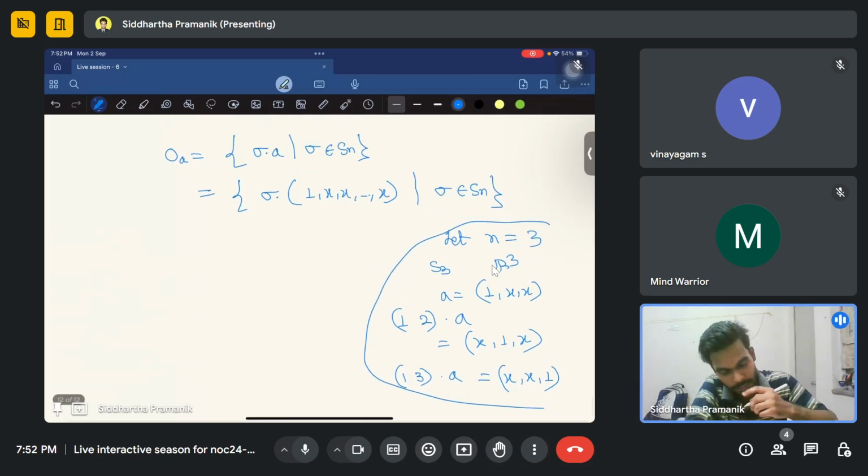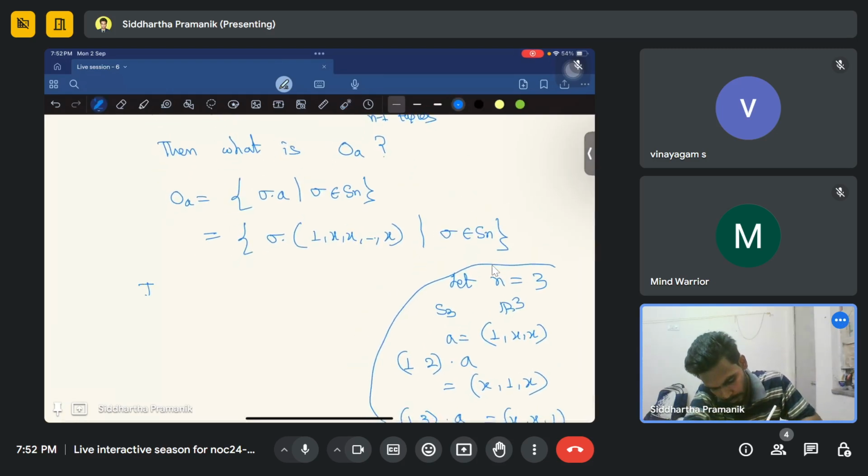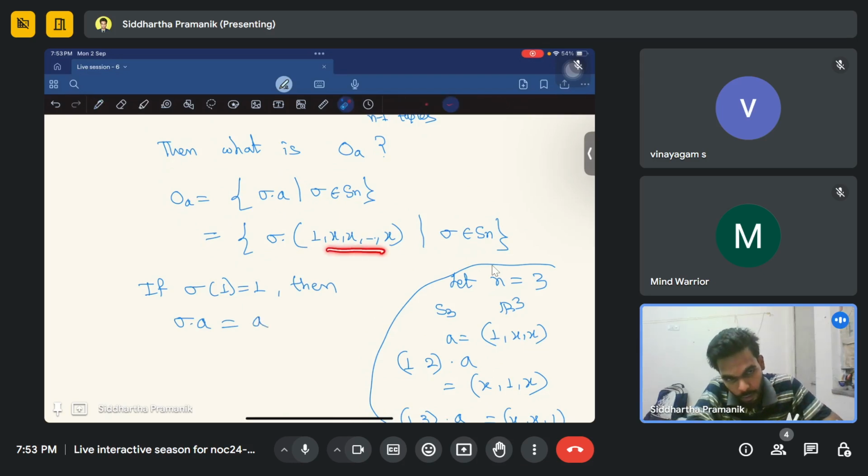Okay. So basically if sigma varies over all permutations, right? So if sigma of 1 is equal to 1, means sigma fixes 1, then sigma dot A is same as A, because in the other coordinates, from second coordinate, third coordinate, all elements are same, but this first coordinate is fixed. Other coordinates, if it is changing, it does not matter.